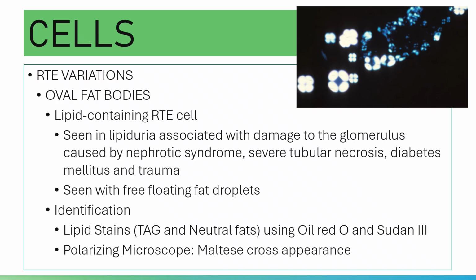When your oval fat bodies contain large quantities of triglycerides, lipid stains like oil red O and Sudan III can confirm whether the oval fat body contains a lipid, or whether the free-floating fat droplets contain a lipid.